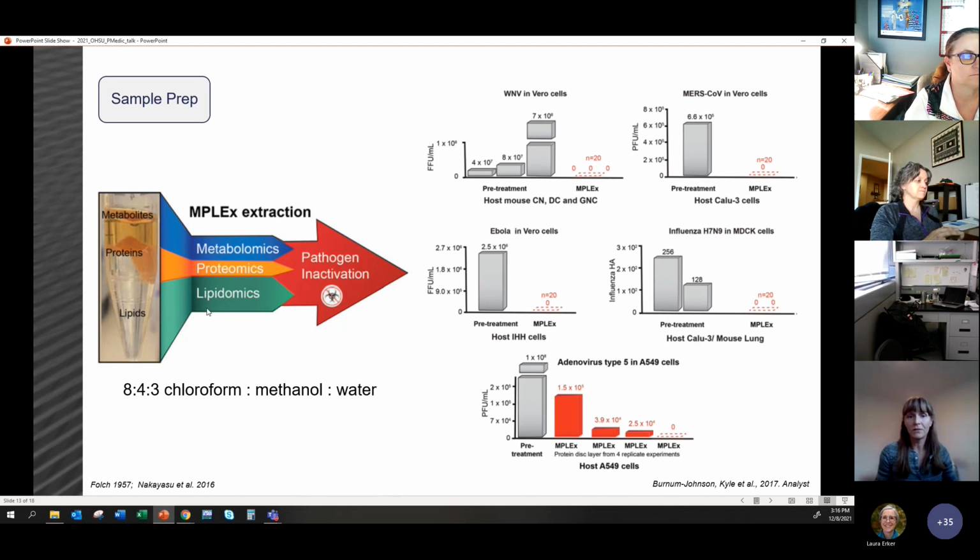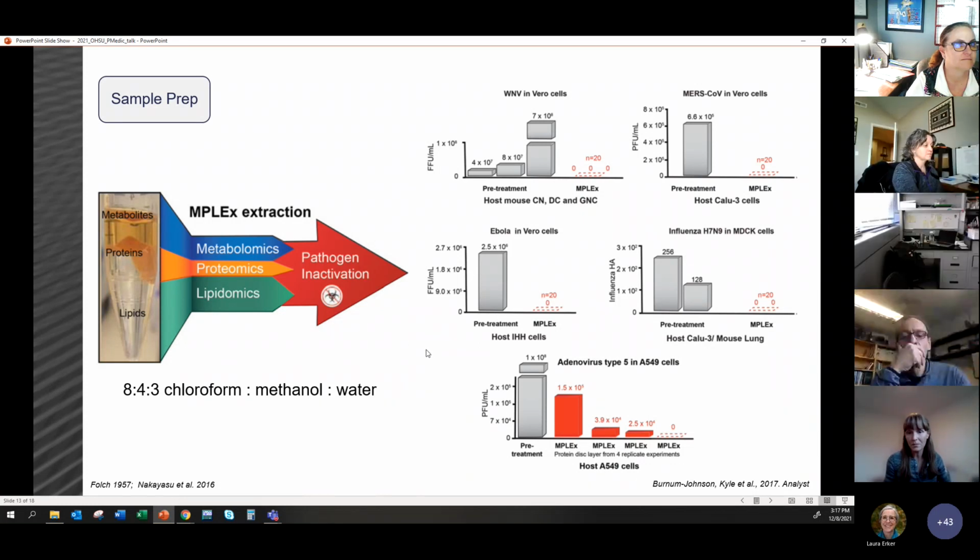And then also for a lot of the pathogen work we do, the great thing about this method is that because we use chloroform, it also inactivates the pathogen at the same time. As Ficado can attest, and quite a few of our partners and collaborators can attest to, prior to shipping samples to PNNL, we want to make sure that the samples are inactivated, especially if they're coming from a high biosafety level.